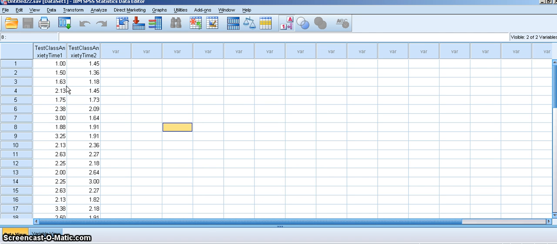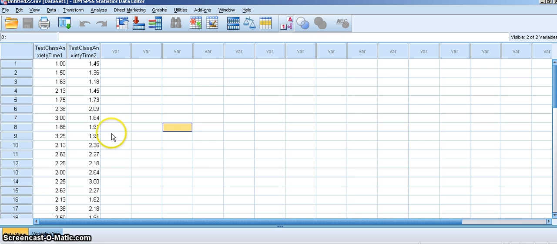So a possible hypothesis would be that the time 1 scores will be significantly higher than the time 2 scores. But just a hypothesis. Let's stick with our non-directional hypothesis, and let's say that we want to see if there are significant differences in the scores of test anxiety between time 1 and time 2.